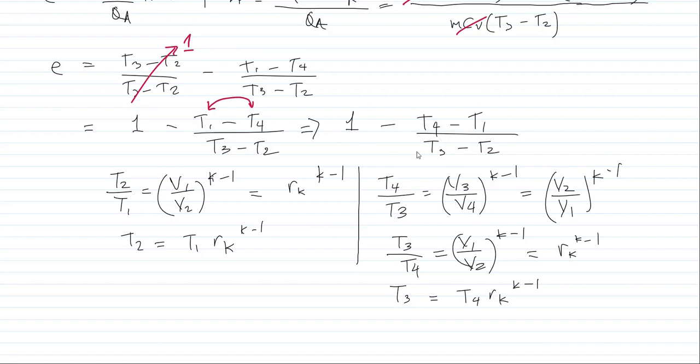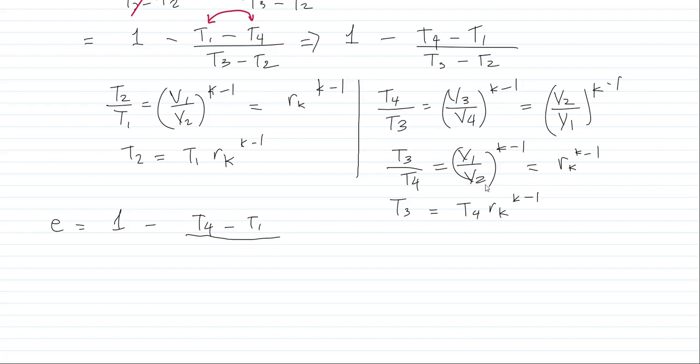So if I substitute it here to my formula of efficiency, 1 minus T4 minus T1 all over, so T3 is T4 times R sub k raised to k minus 1 minus T2, T2 is equal to T1 times R sub k raised to k minus 1.